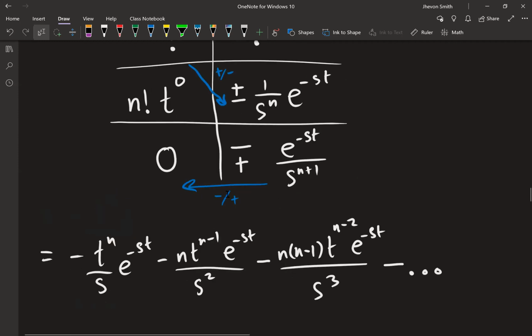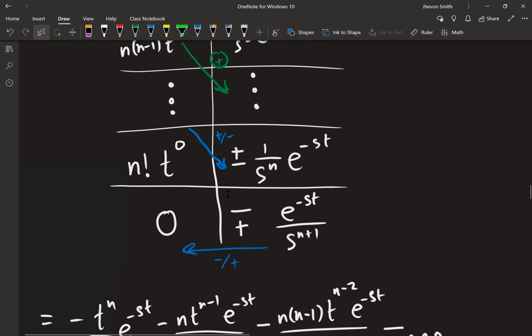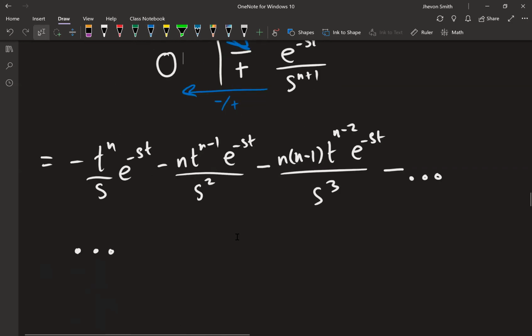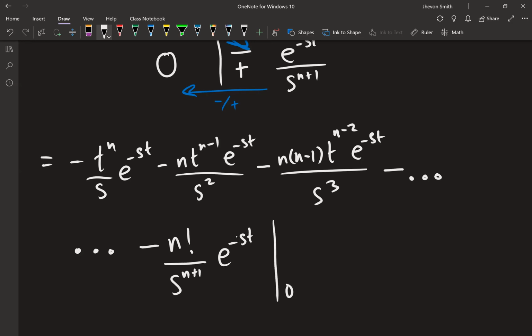Eventually, you're going to end up down here with a minus n factorial over s to the n plus 1 e to the minus st, and we have all of that between 0 and infinity.